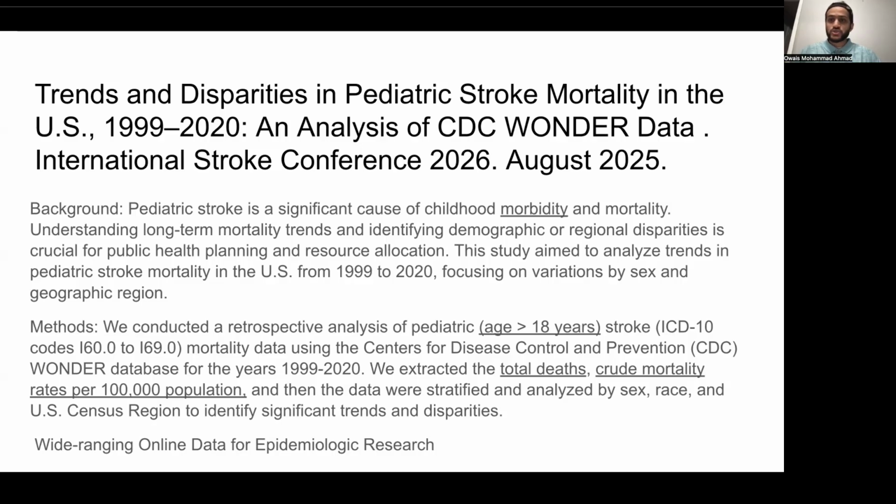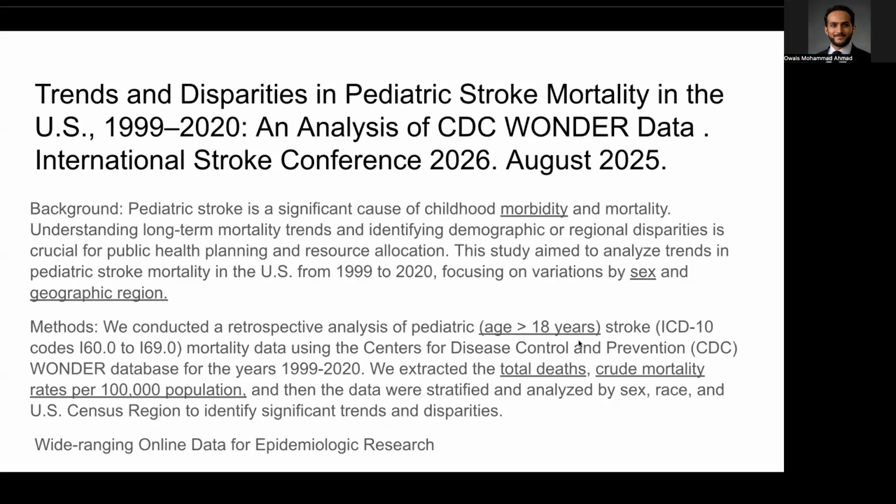The methods we used were a retrospective analysis of anyone less than 18 years old who had a stroke, using ICD-10 codes I60 to I69, with mortality data from the CDC, the Centers for Disease Control, WONDER. So we spoke about wide-ranging online data for epidemiological research.